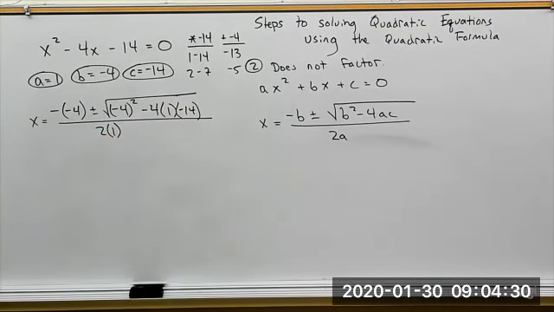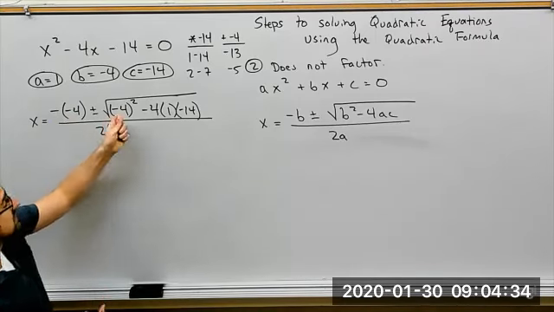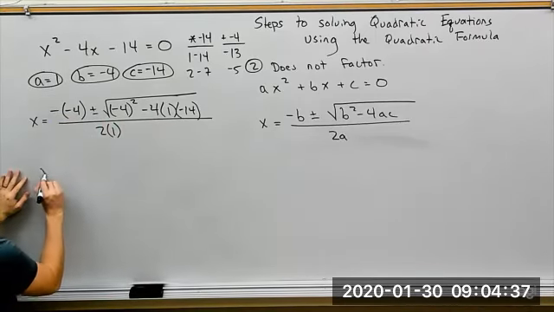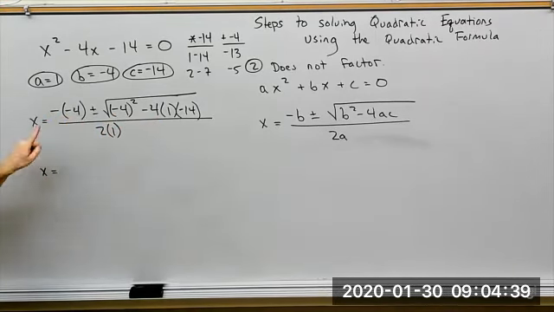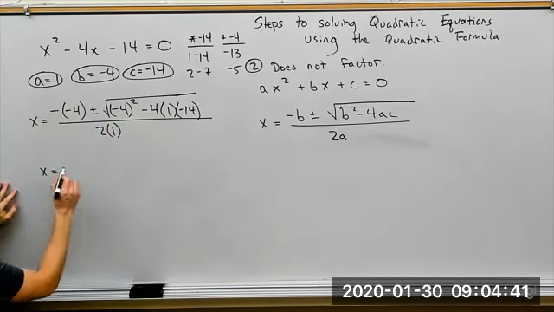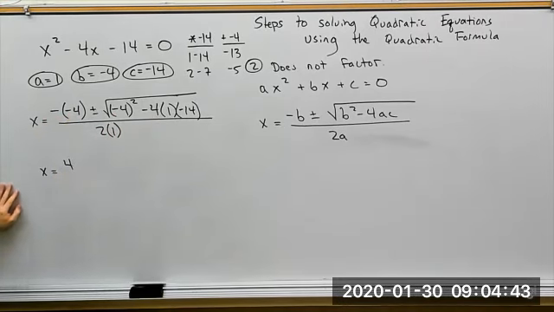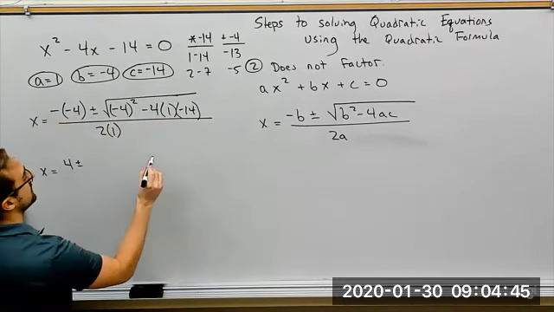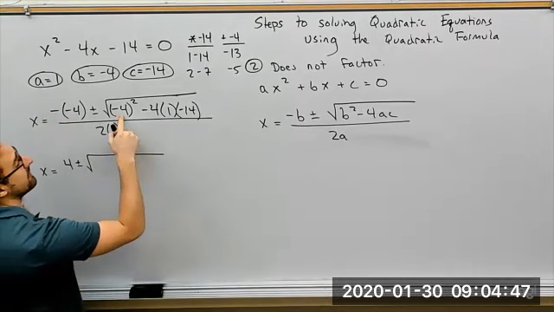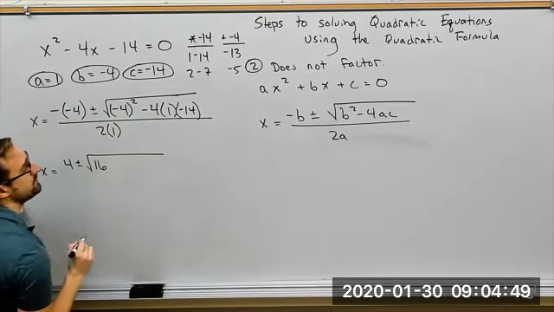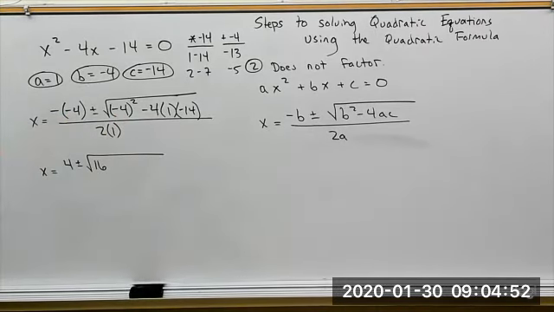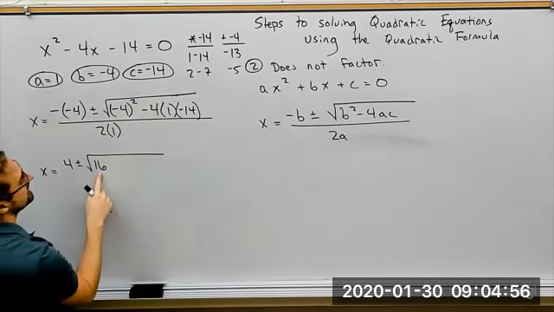That will avoid making mistakes if you do that. Okay? And now all we got to do is simplify. So do the operations. All right? So we get x equals. A negative times negative 4 is a positive 4. Plus or minus the square root of negative 4 squared, which is 16, because negative 4 times negative 4, and a negative times a negative is positive. 4 times 4 is 16.